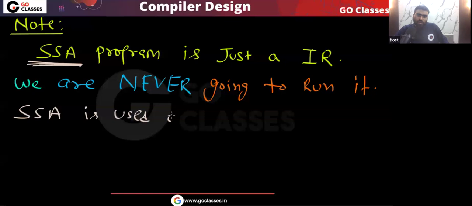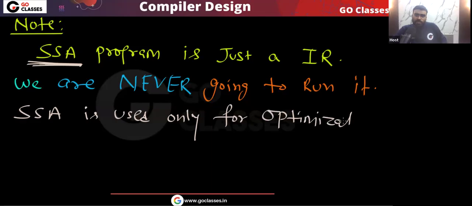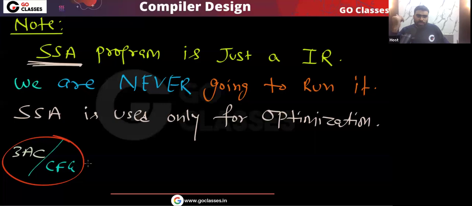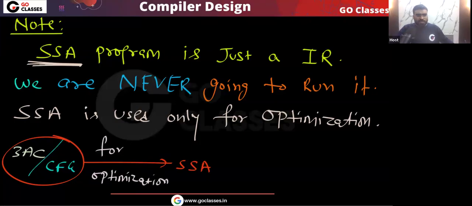We convert the 3 address code or control flow graph to SSA, for optimization purposes.